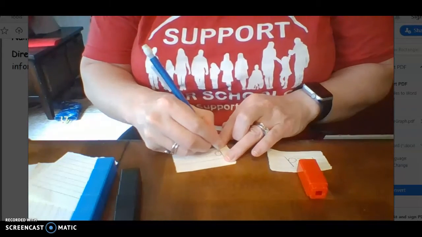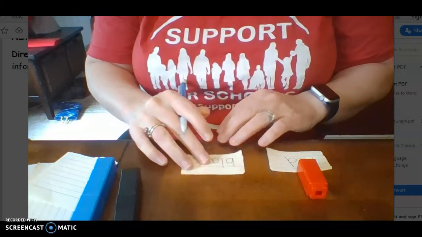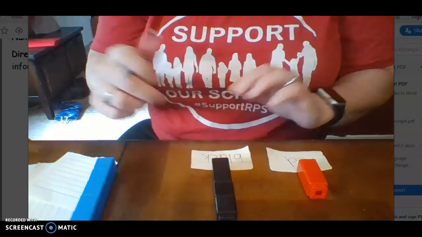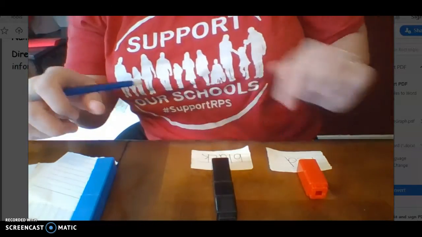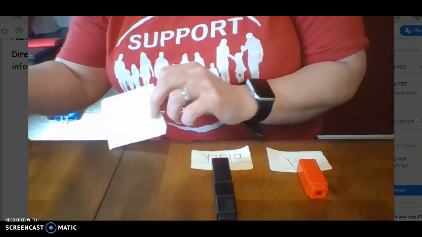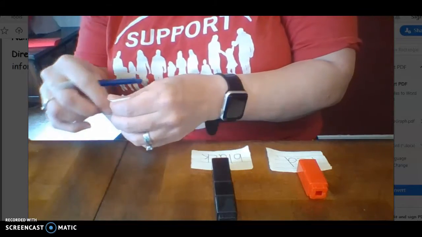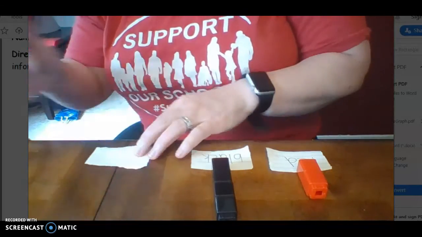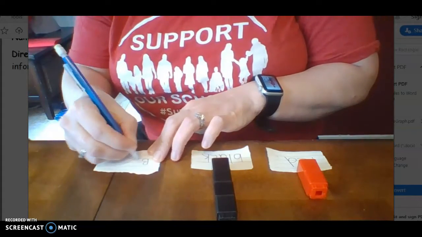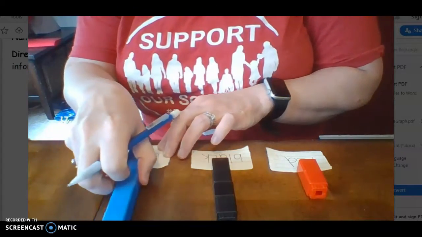Black. All right. There we go. So I'm labeling my graph right now. All right. And my last color was what? Blue. And then the ooh is tricky. It's a U-E sound right there.